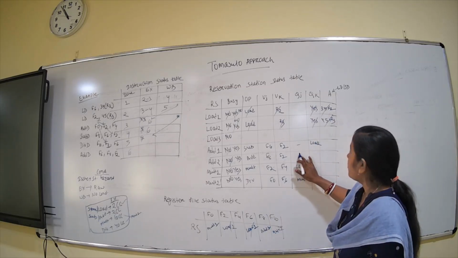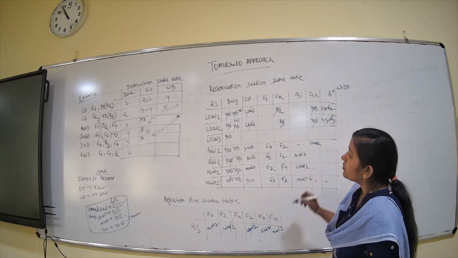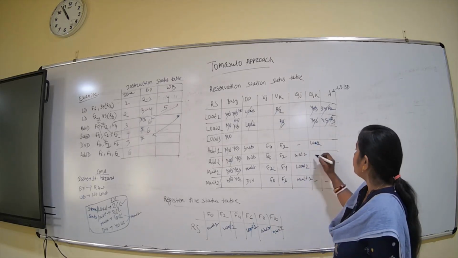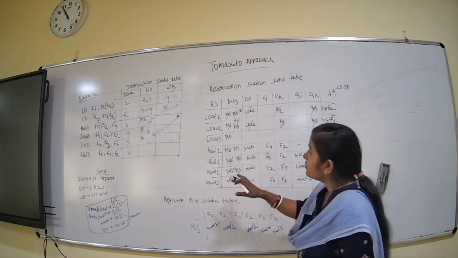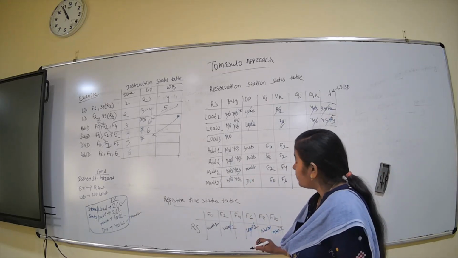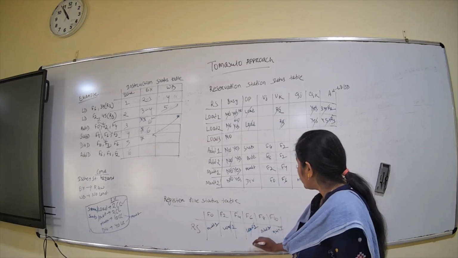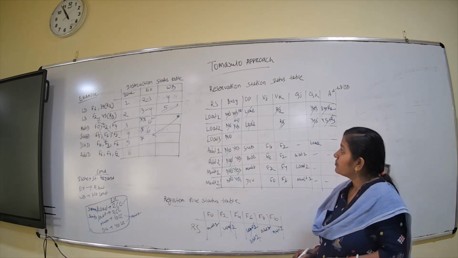F8 is not free, so R1 will provide. And what about F2? F2 is free. And it is writing on F6. So F6 will be written by R2. Okay.